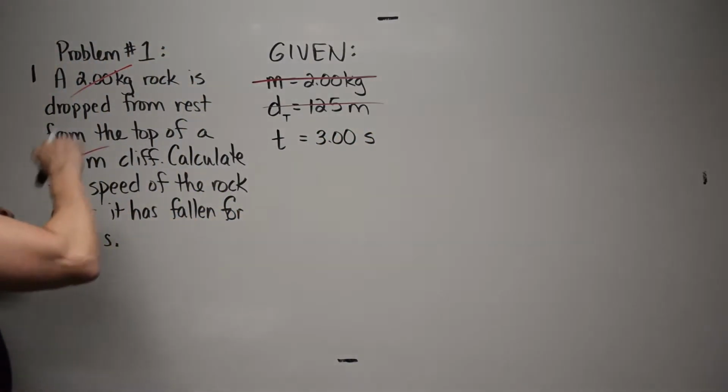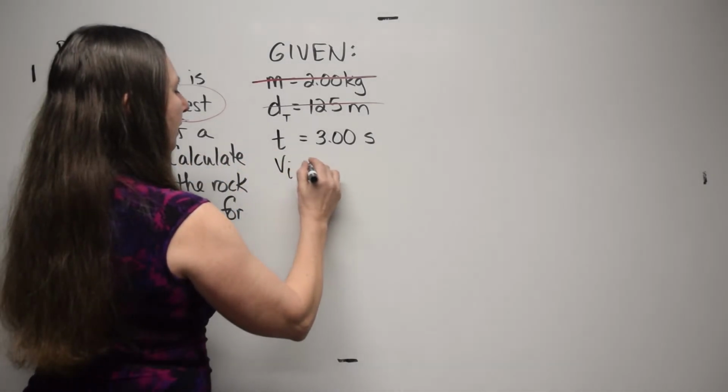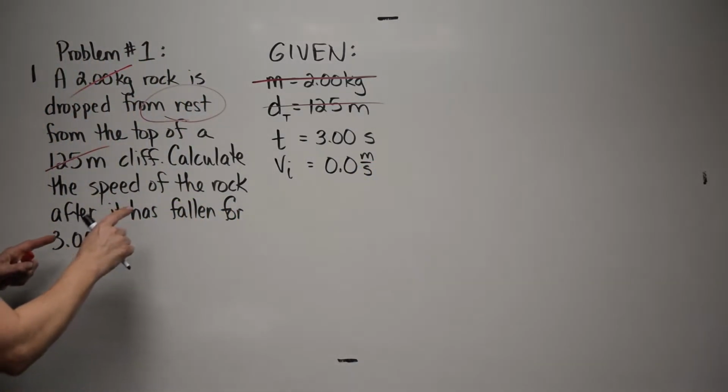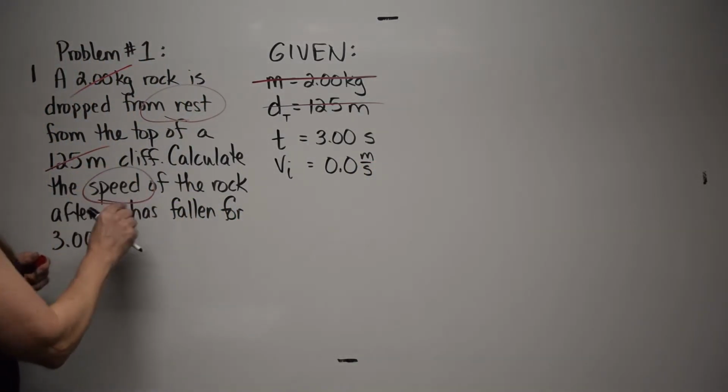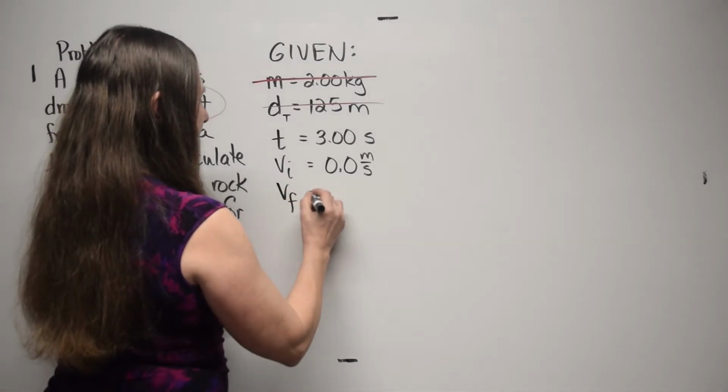Now, if the rock is dropped from rest, we know that the initial velocity is 0 meters per second. We want to know the speed after, so what we want to know is the final velocity.